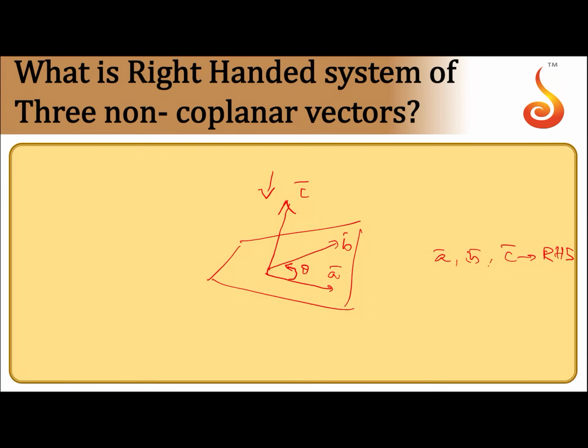I repeat once again. The rotation from A vector to the B vector through an angle less than 180 degrees is anti-clockwise observing from C. Then A, B, C form a right-handed system. Also, if A, B, C form a right-handed system, then B, C, A and C, A, B, cyclically interchanged, also form a right-handed system.